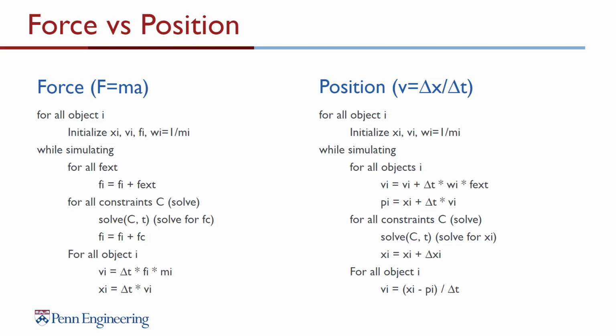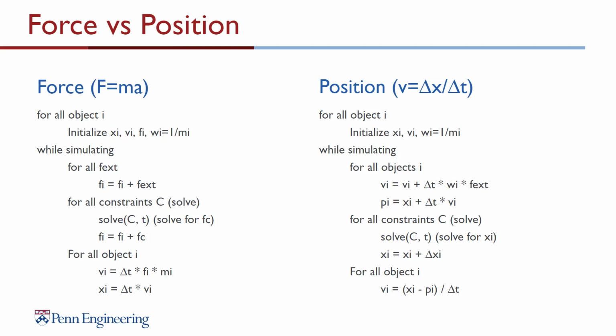And then you add them up and you apply F equals ma, and then you integrate the velocity, and then you integrate the position. The other part is the position-based algorithm, pseudo algorithm, which doesn't have an initial force, but you calculate the velocity and you calculate the temporary position, and then you solve the constraint based on the position, not the force.